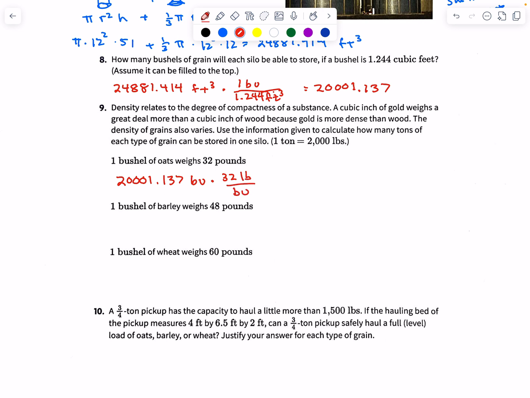Okay, so if a bushel of oats weighs 32 pounds, incidentally, LB stands for libra. Libra is the Latin word for weight, for the scales. That's why Libra is the zodiac sign for the scales. LB, the more you know. Oh, and that's pounds, and I want to know how many tons. So I'm not going to hit the equal sign just yet. I'm going to say times, and LBs needs to go in the bottom.